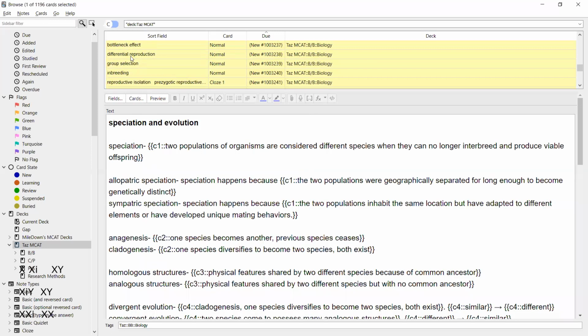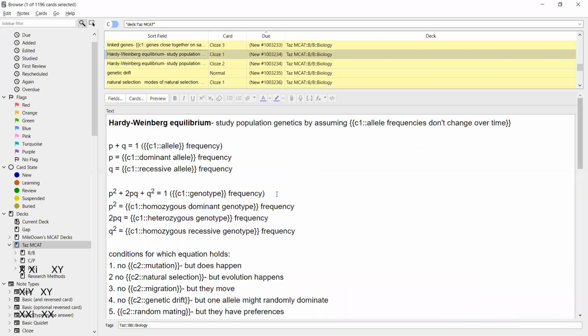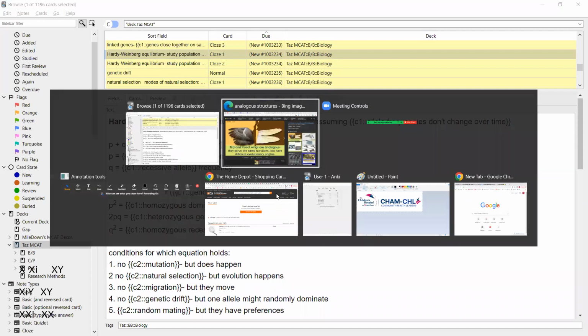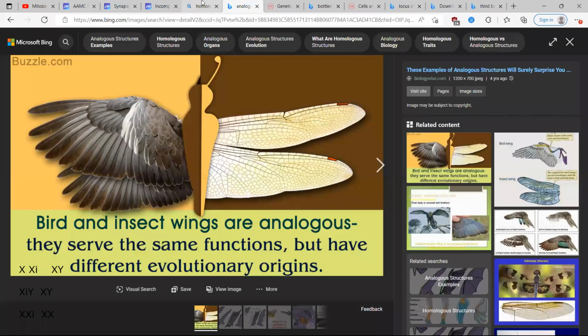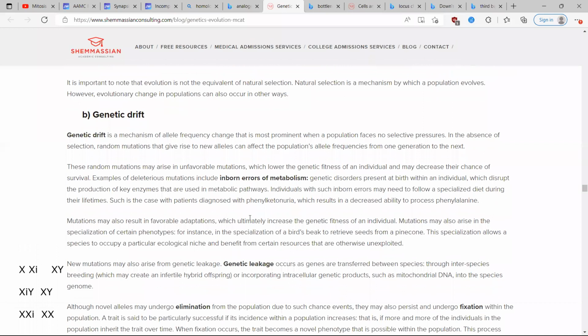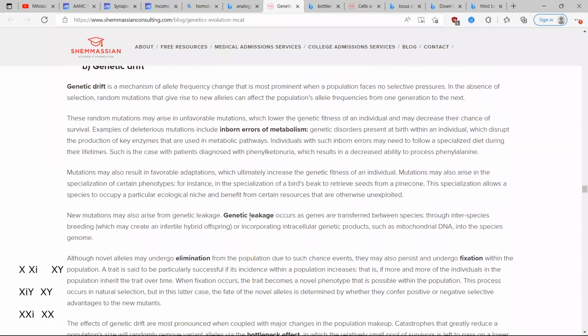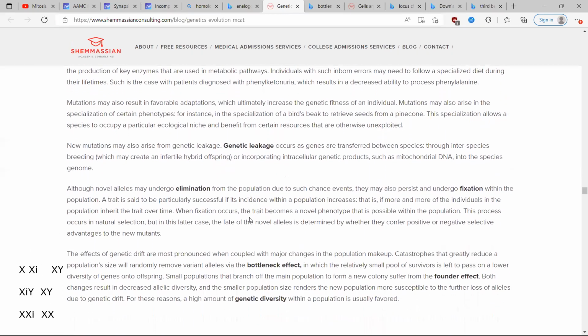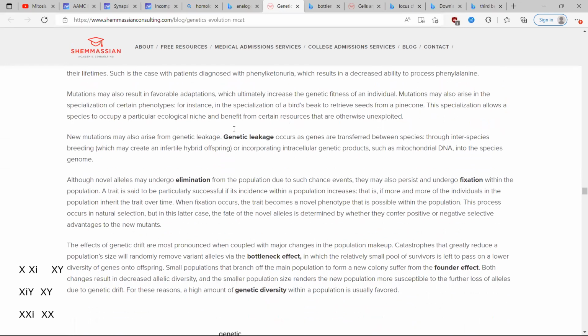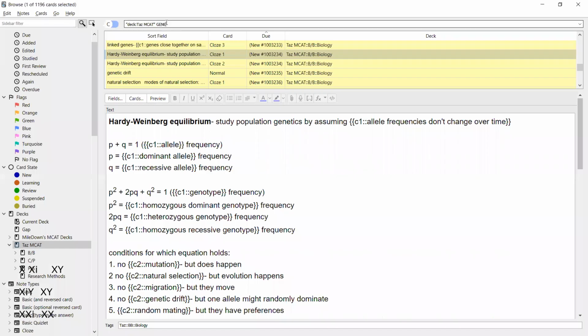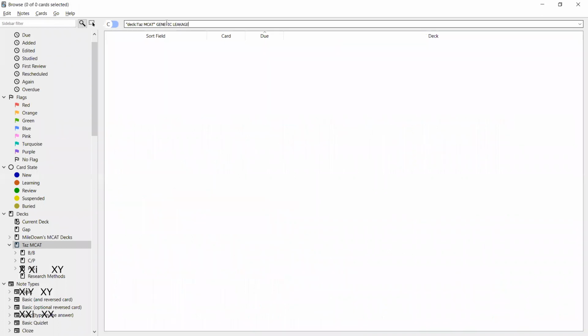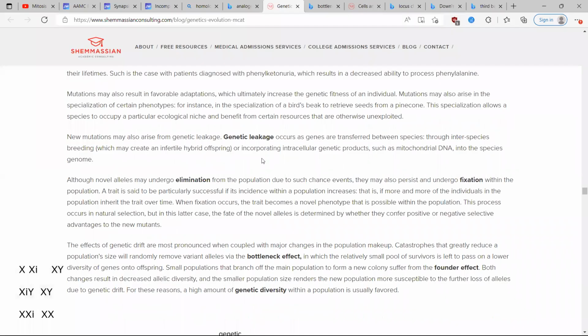Okay, so the last thing to do is talk about Hardy-Weinberg, but let's just see if there's anything that we've missed here. We talked about genetic drift, genetic leakage. Do we have genetic leakage? No. What's genetic leakage?